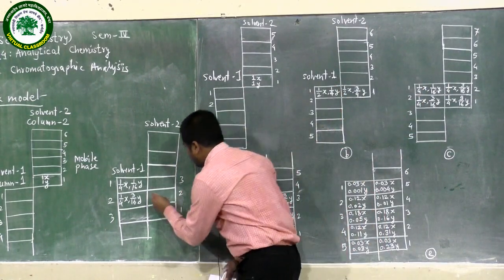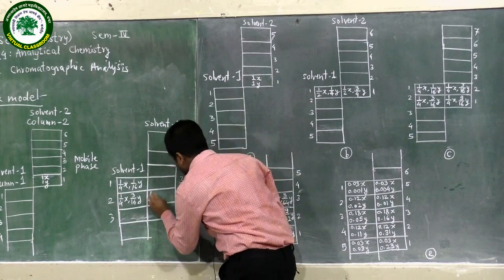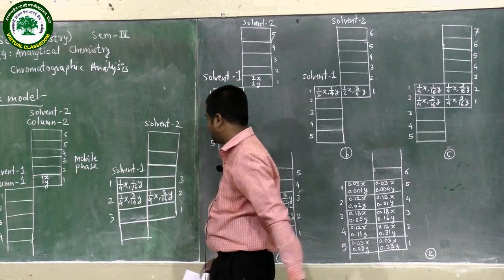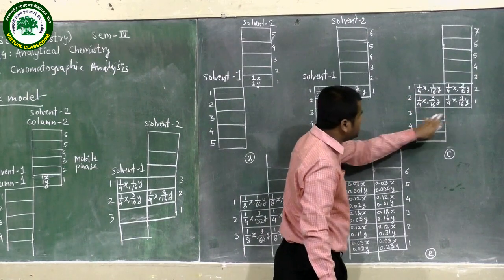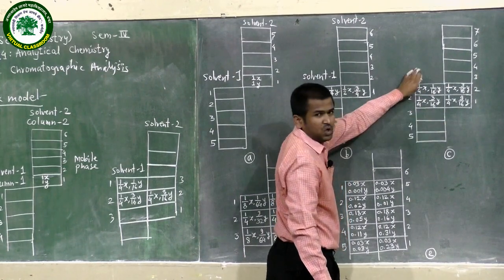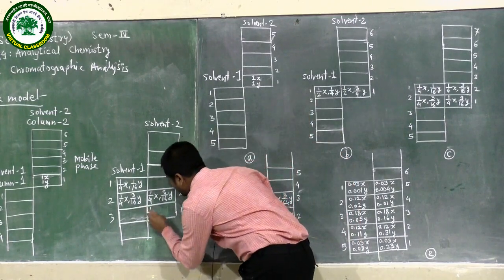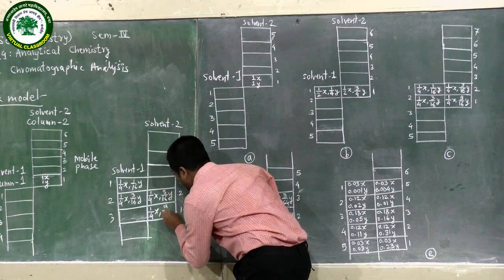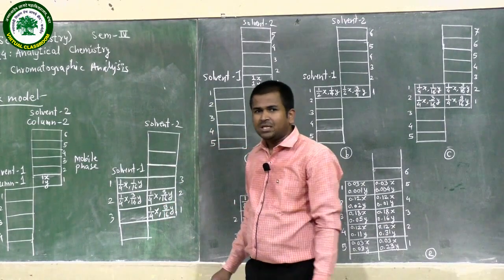So here we have 1 by 4x and 3 by 16y, and box number 1 moves down and comes in front of box 3 of solvent 1, or column 1. So here we get 1 by 4x and 9 by 16y, isn't it? You are getting this?